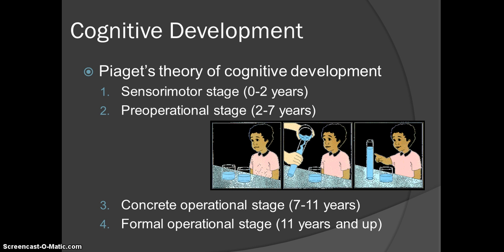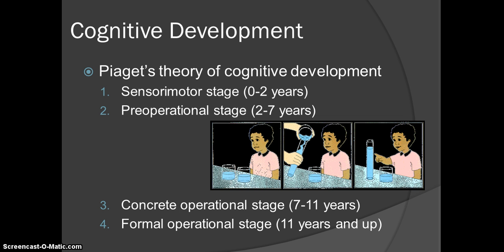Let's move to cognitive development. Piaget developed a theory of cognitive development, and according to him, there are 4 stages. The sensory-motor stage goes approximately from birth till the age of 2, and during this stage there is a lack of object permanence, which is understanding that objects continue to exist when they're out of sight.